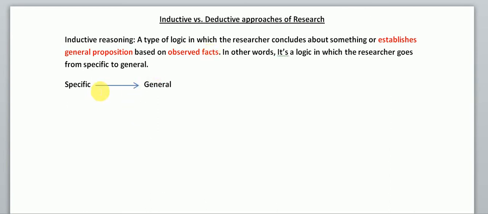So look here, you go from specific to general. How? For example, you say every cat you have observed purrs, so all cats must purr.